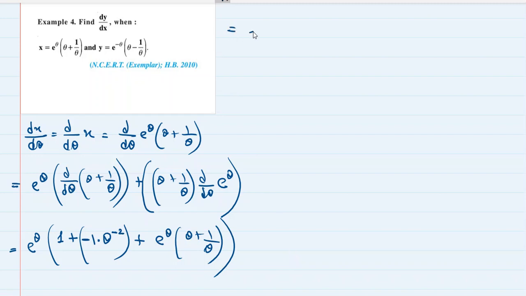We are finding d by d theta of x, that is dx by d theta, and simplifying it so that it will be easier for us. Theta raised to minus 2 is 1 by theta square, and this is minus 1, so we have 1 minus 1 by theta square.